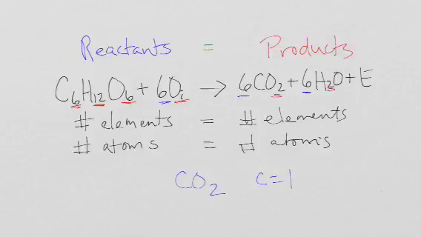I only have 1 carbon atom because there's no little number here, and there's no number in front. So I've got 1 carbon. How many oxygens do I have here? I have 2 because this little subscript right here is behind the oxygen, which means it applies only to the oxygen. So I've got 2 oxygen.